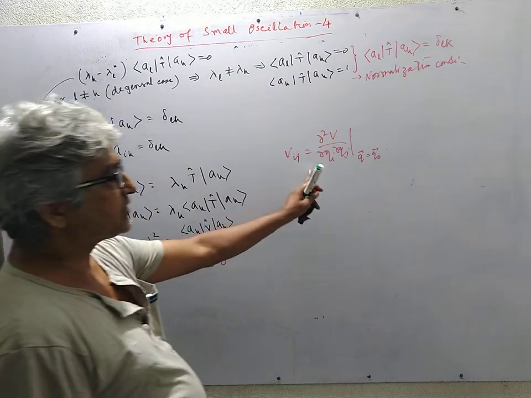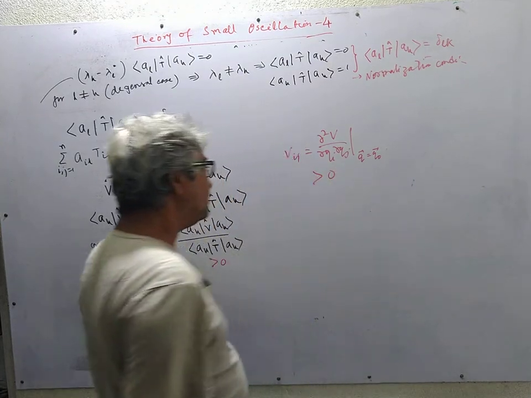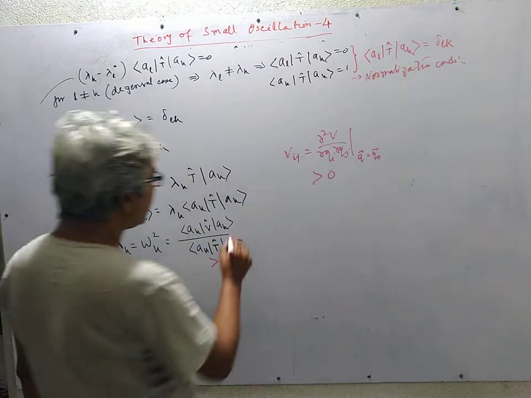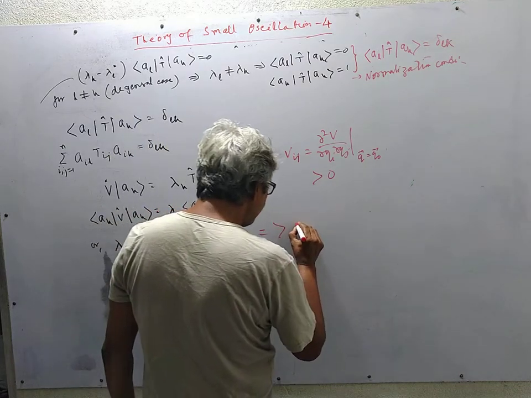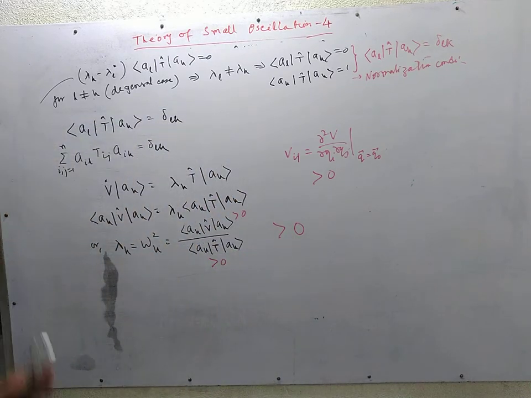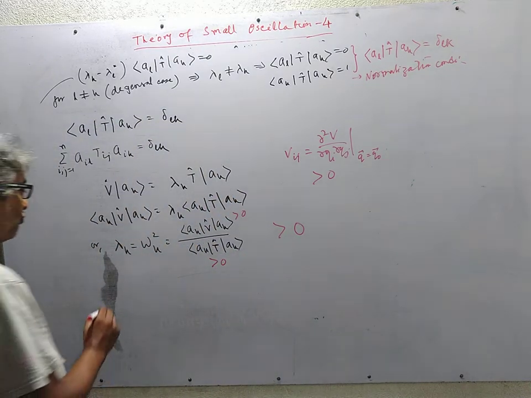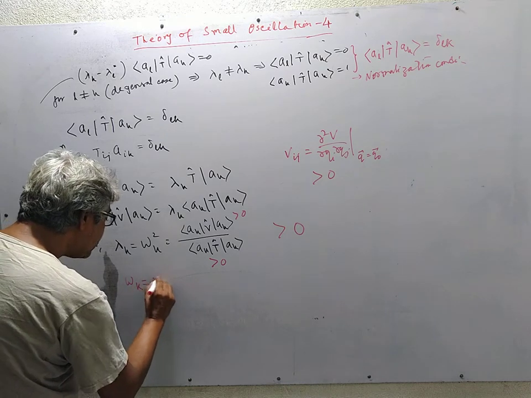Since it is a stable equilibrium condition, this is greater than 0. So the numerator is also greater than 0. So this is a positive quantity, which says that omega_k is real.